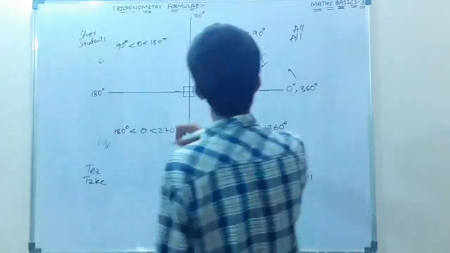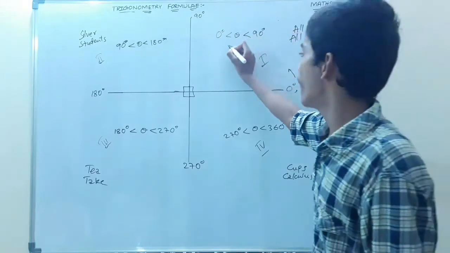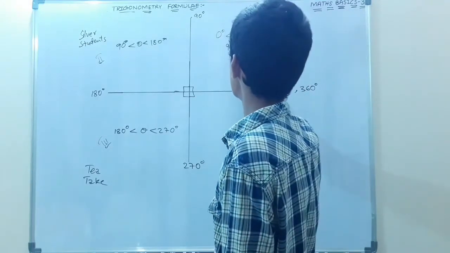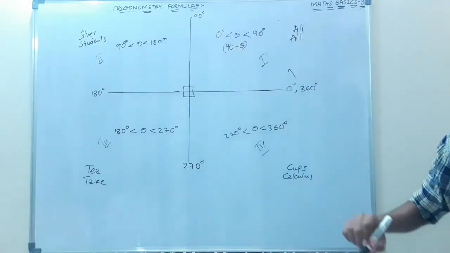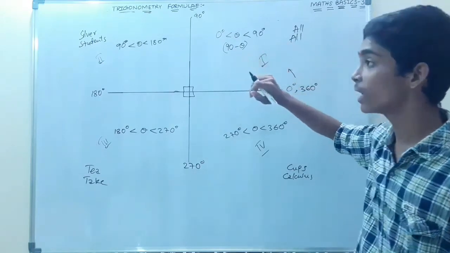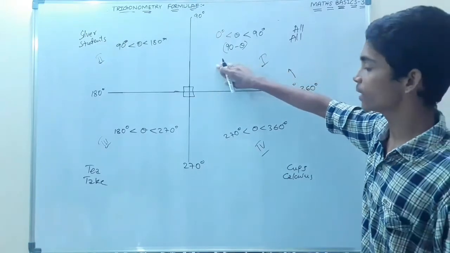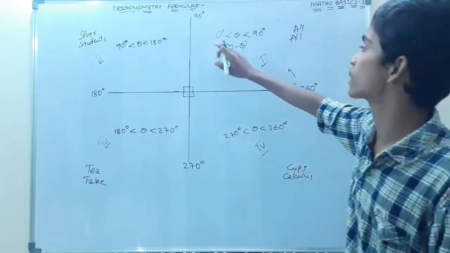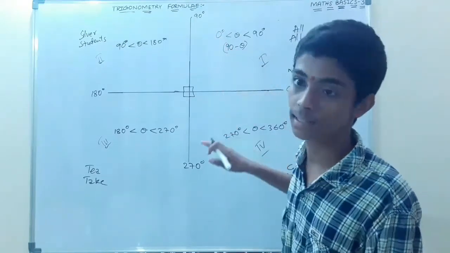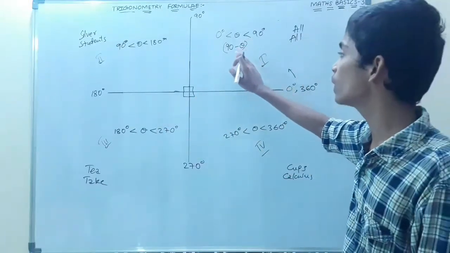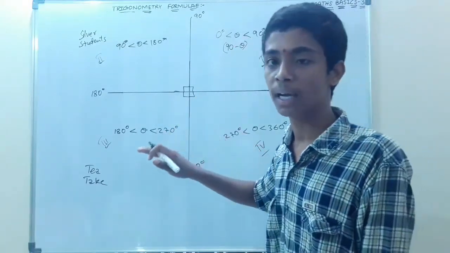And we can represent it as 90 minus theta. Why we can represent 90 minus theta? Because the angle which is represented in the first quadrant is less than 90. Less than represents minus, so we represent it as 90 minus theta.